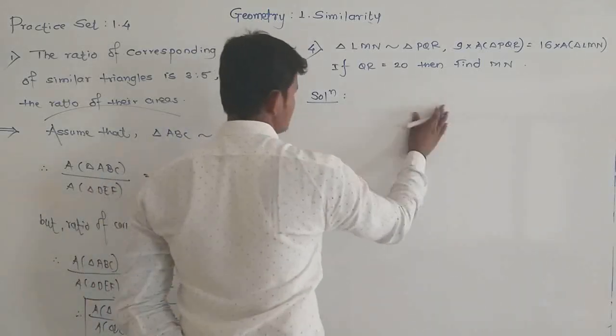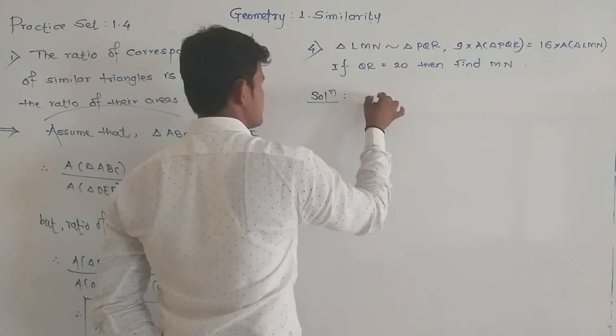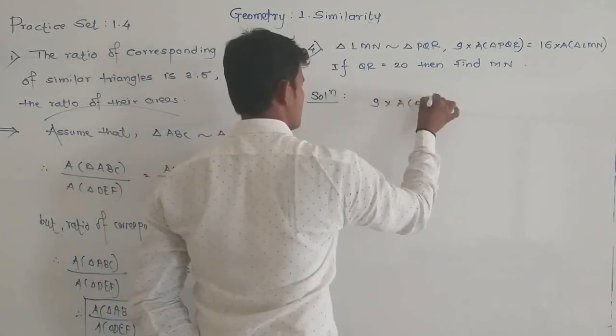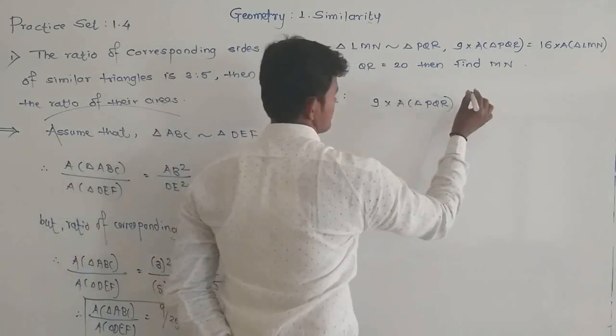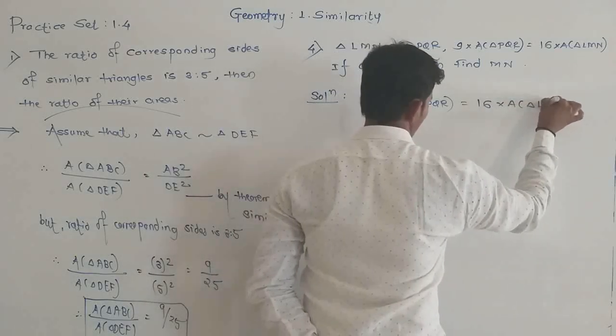Okay, so first of all, given that 9 times area of triangle PQR is equal to 16 times area of triangle LMN.